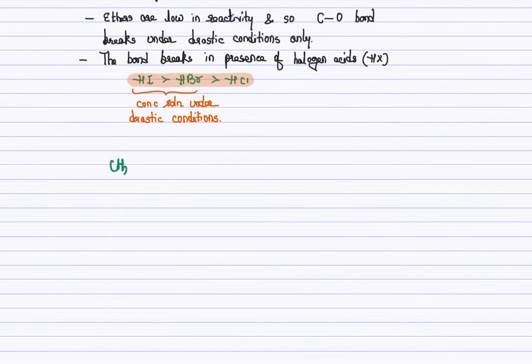So I am going to take up something like this: CH3, CH2, O, and then CH3. Right? What do we call this? This is ethyl methyl ether, by common name.